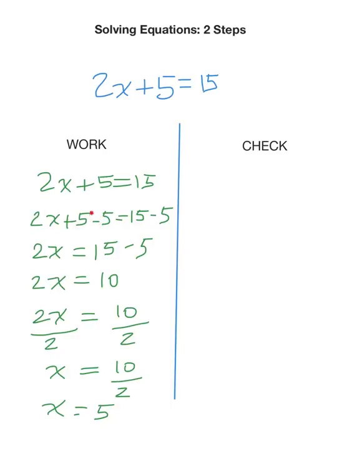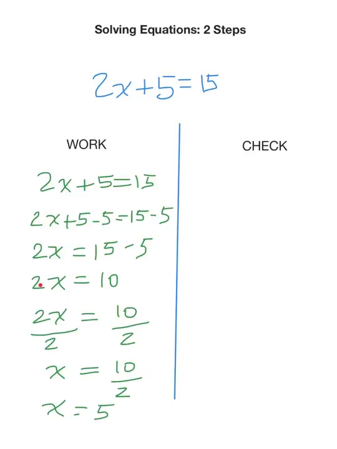So we subtract 5 from one side, and we have to do it to the other. So 2x plus 5 minus 5 equals 15 minus 5. And now we simplify. So 2x equals 15 minus 5. Then we write 2x again, and 15 minus 5 is 10. Now we're left with 2x equals 10.